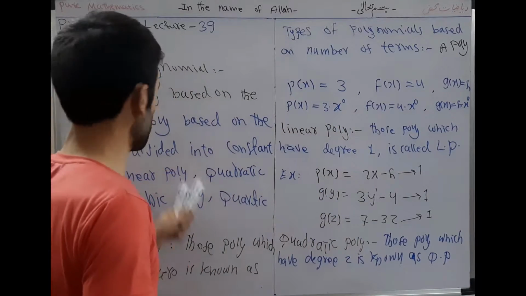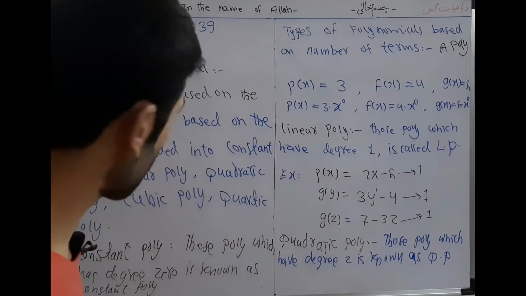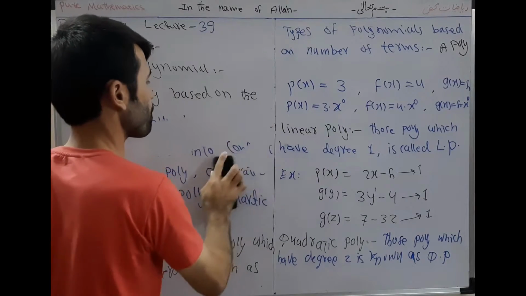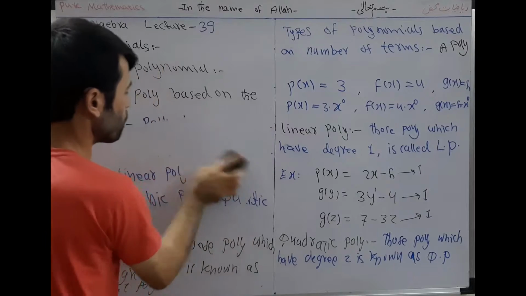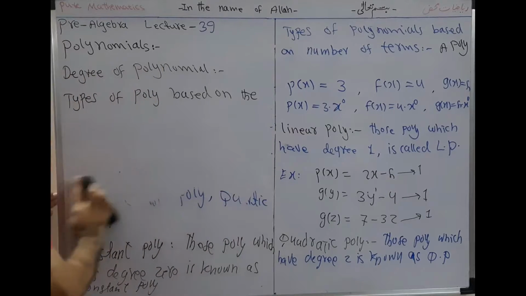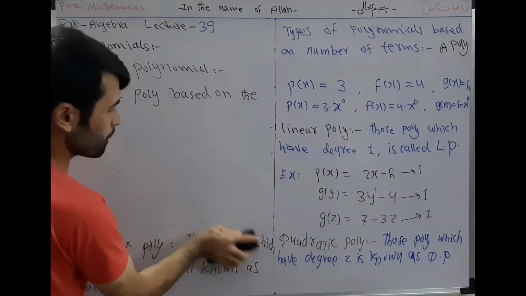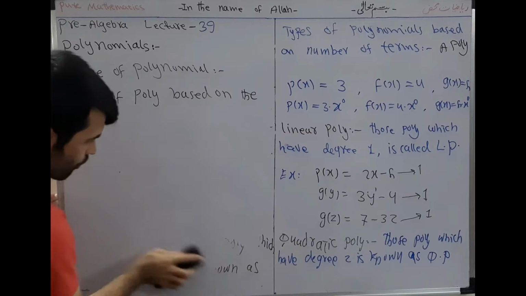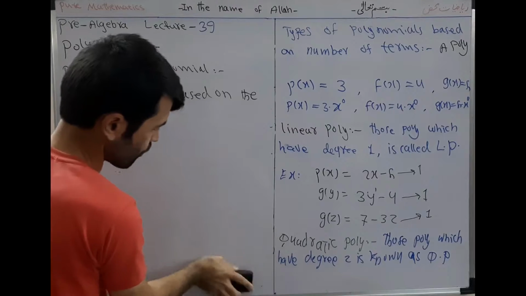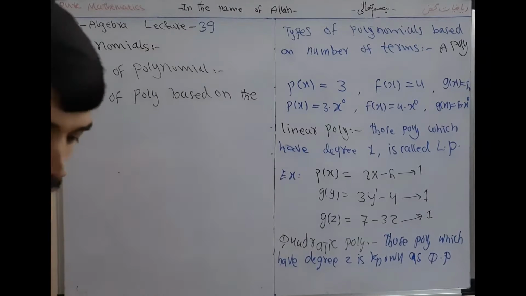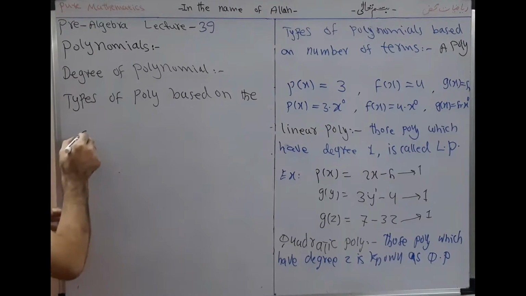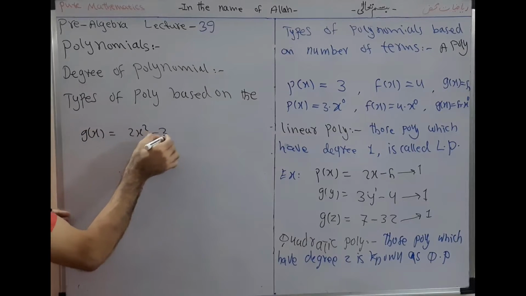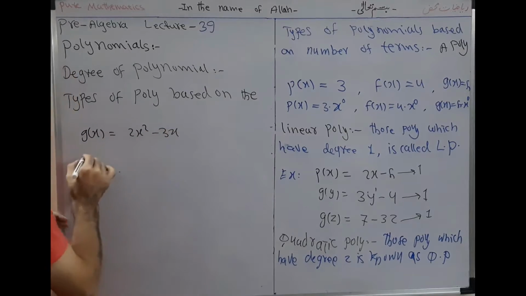Now we want to write here the example. g of x is equal to 2x square minus 3x. It is a quadratic polynomial.